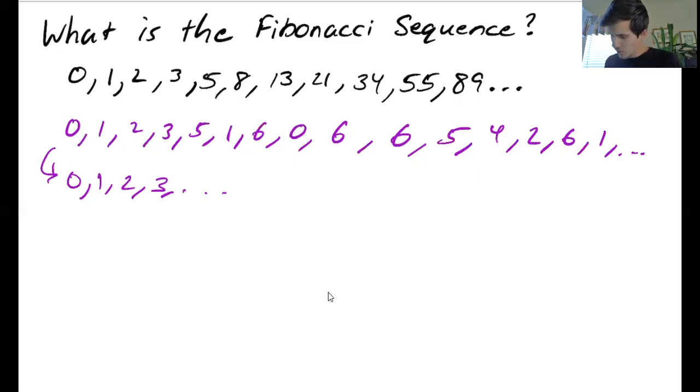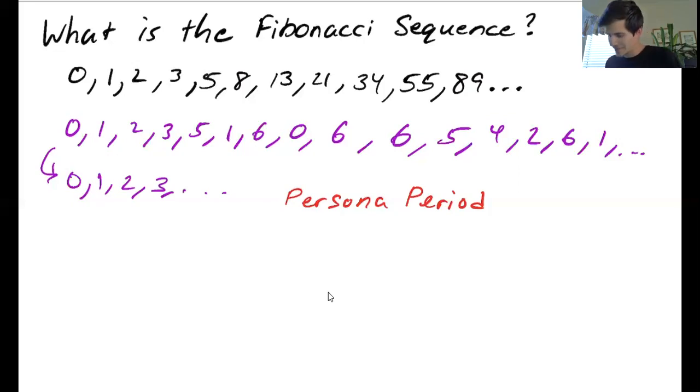And that's actually called a Pisano period. Note that any number that you pick to divide by and look at the remainder, you always have a Pisano period, but you'll have a different amount of digits.